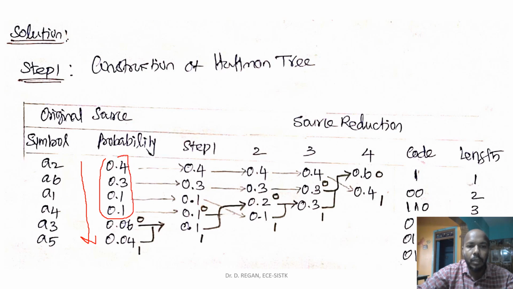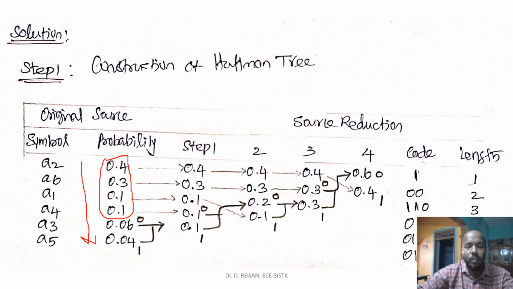We already have 4 symbols; only the last 2 symbols were added, and the result is one compound symbol with probability 0.1. In some cases the added symbol's probability may be greater than the existing probabilities. In that case you have to reshuffle, that is, rearrange all the symbols in descending order. That is very important.